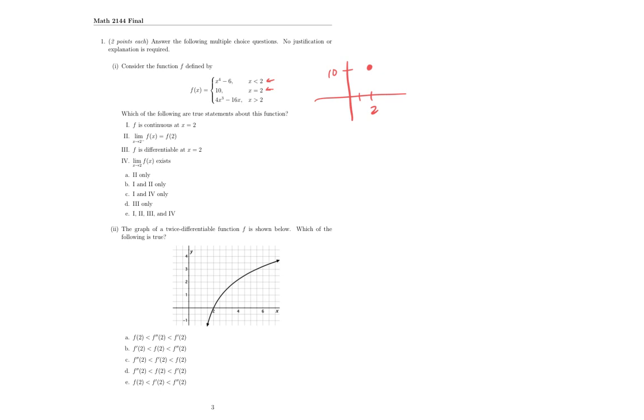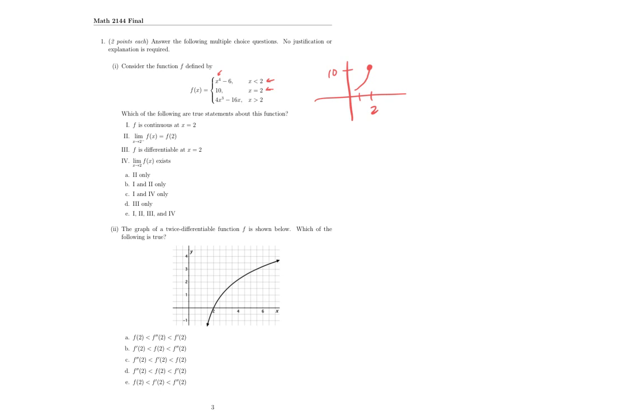If I plug 2 into that, I'll have 2 to the fourth minus 6, which would be 16 minus 6, which is 10. So as x is approaching 2 from the left, that y value is going up to 10.